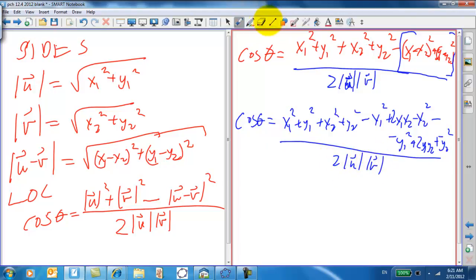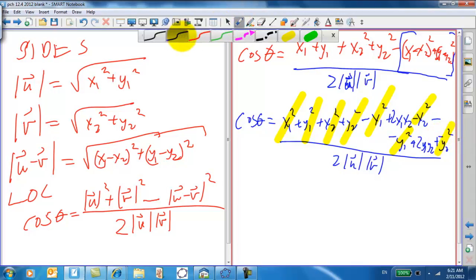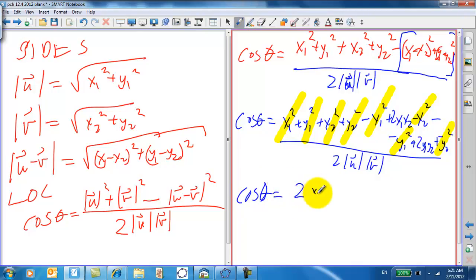And look at all the stuff that cancels. It's amazing. The x1 squareds, the y1 squareds, the x2 squareds, the y2 squareds, and you're left with just cosine theta equals twice x1 x2 plus twice y1 times y2 all over twice the magnitude of u times the magnitude of v.